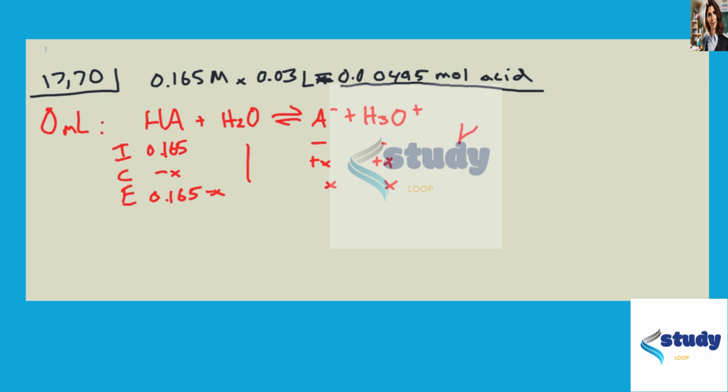We can get the Ka from the table in the back as being equal to 1.3 times 10 to the minus 5.